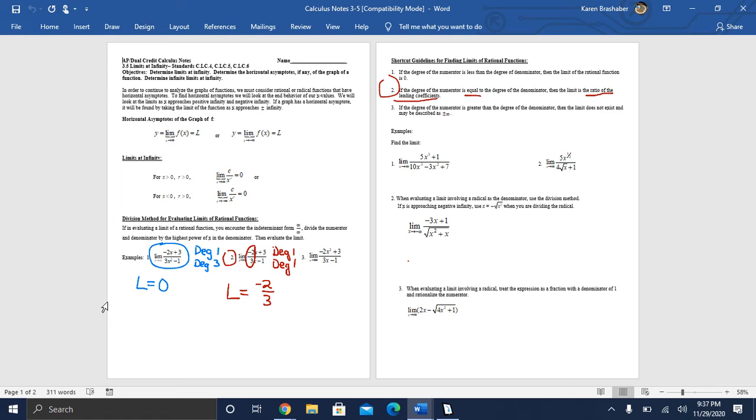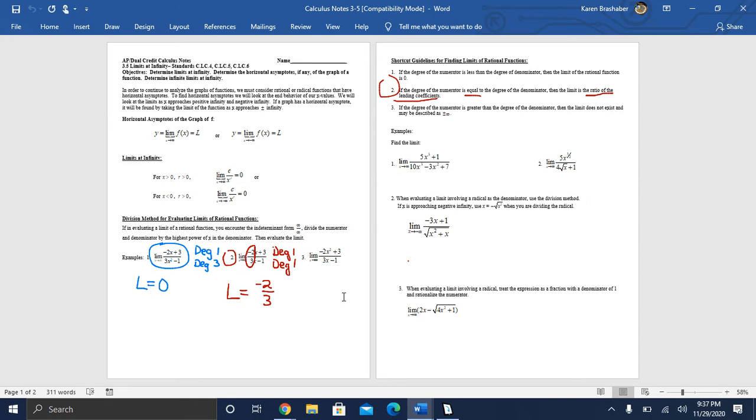So this is why I'm calling it a shortcut. You do need to memorize these if you're going to use the shortcut, but it is a nice way to avoid having to do a great deal of algebra. And then our final guideline is number 3.